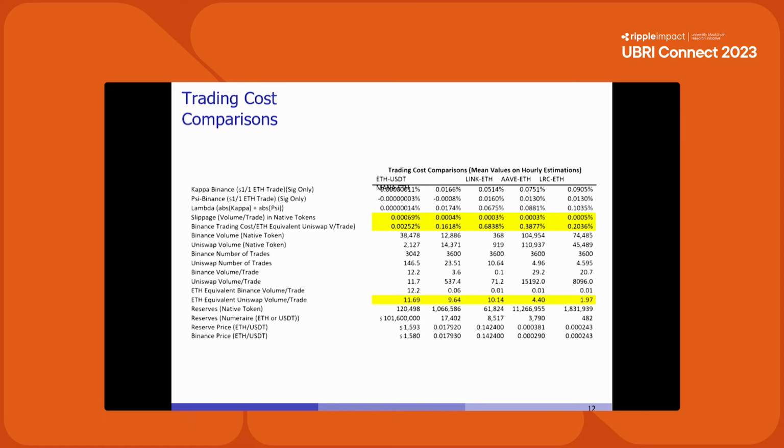But if you think about this, how do I compare apples to apples? I have to look at ETH equivalent cost on Binance. So on average, 9.64 ETH worth of trade was taking place on Uniswap. And on average, 1 ETH trading cost 0.0174% change in price on Binance.